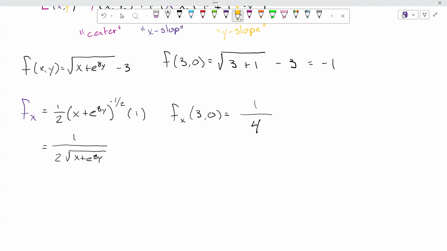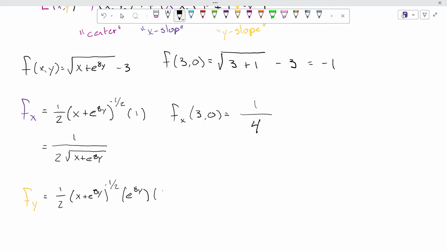I'll go do the same thing for a y partial, f partial y. And similarly, 1/2 times x plus e to the 8y, or nope, not times yet. That's all to the negative 1/2 power. Multiply that by the derivative of the inside, which is e to the 8y.